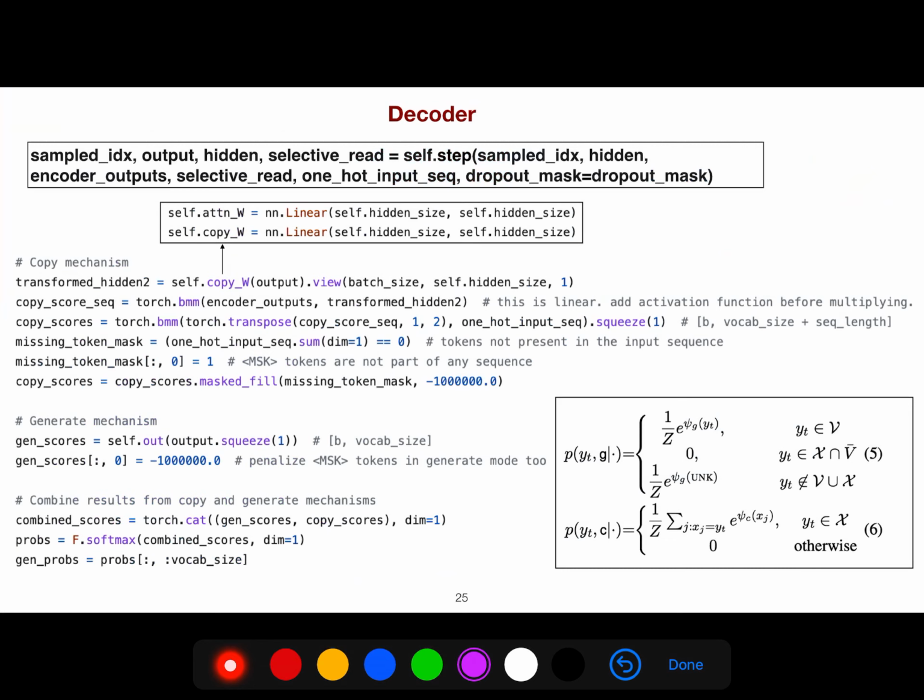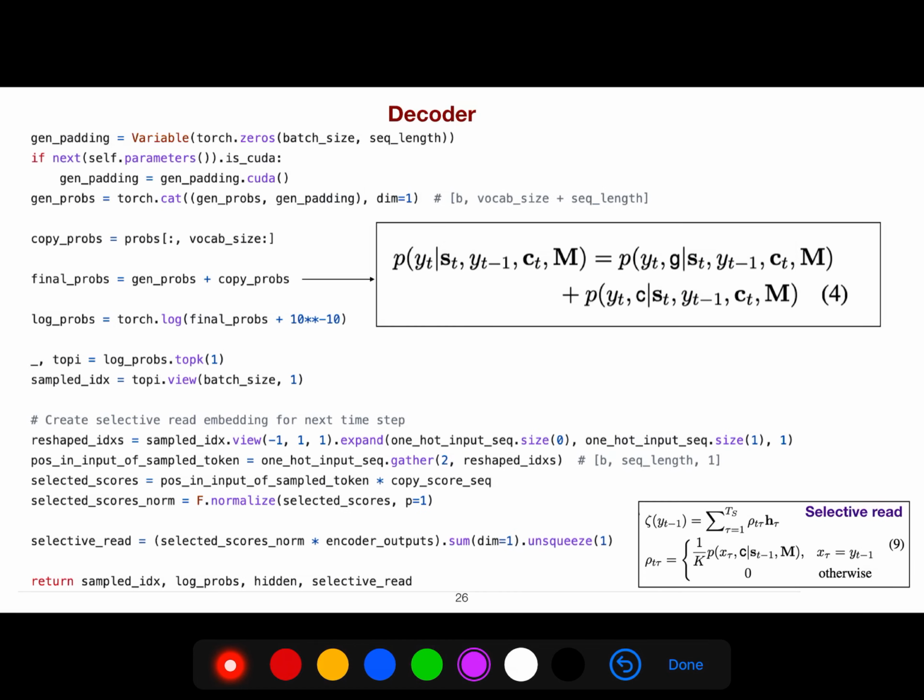So in the decoder part, we have the copy mechanism. We have attention and copy. So we just want to combine them. And the generate mechanism is like this. So we are implementing this. So when we say, so this is the score, and we generate these probabilities. And finally, we add them.